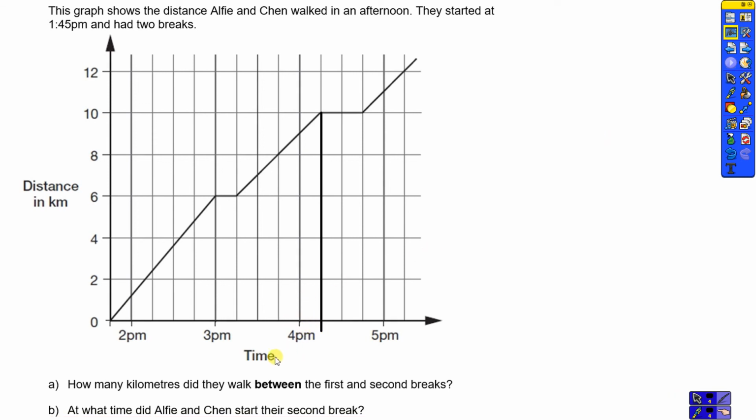We need to think, how is this line graph labelled? Well, between every hour there are 1, 2, 3, 4 lines. So each line across is a quarter of an hour, or 15 minutes. So they started their second break at 4:15.